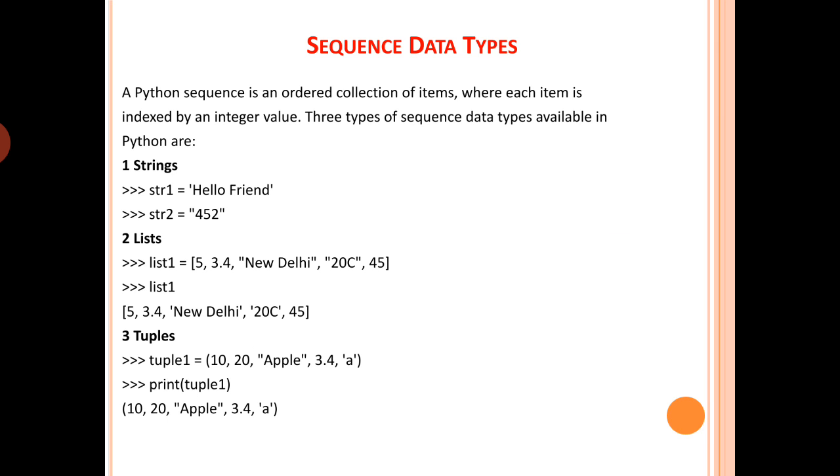To create a tuple, we have used the tuple variable tuple1, and in this the values 10, 20, apple, 3.4 and a are stored. Now in the next line, print tuple1 will print the elements of tuple1, that is 10, 20, apple, 3.4, a in parentheses.